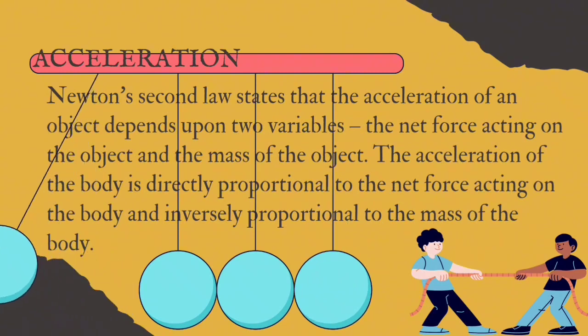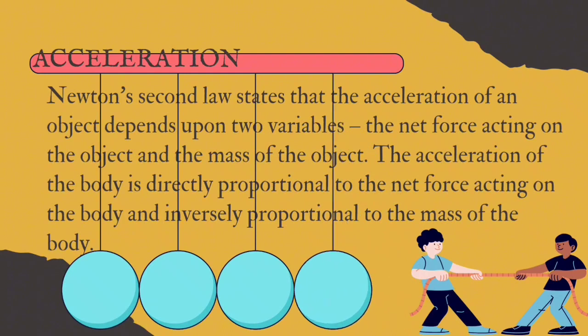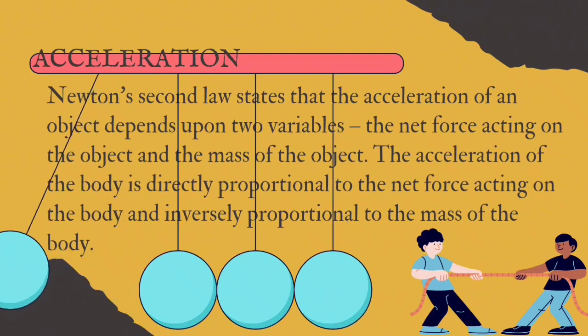Acceleration occurs due to the application of forces, as described by Newton's second law of motion. This law states that the acceleration of an object is directly proportional to the net force acting on it and inversely proportional to its mass. Understanding acceleration is crucial in comprehending how objects move and react to forces in the physical world.